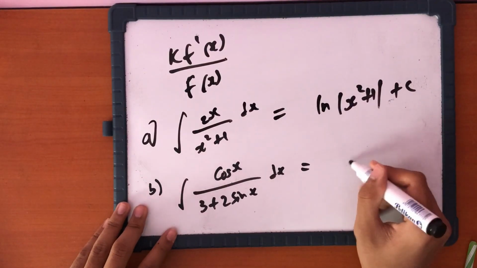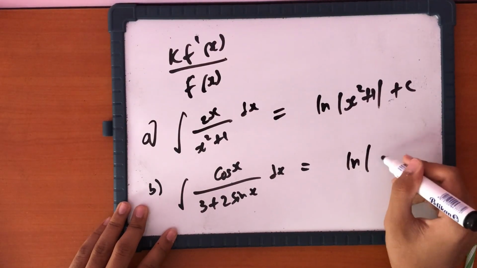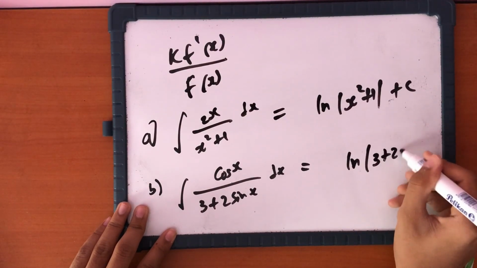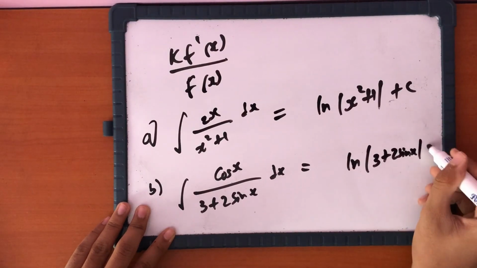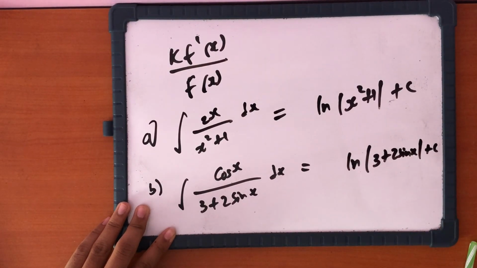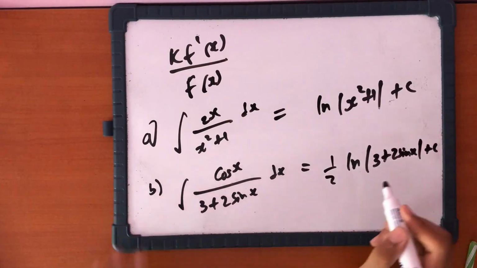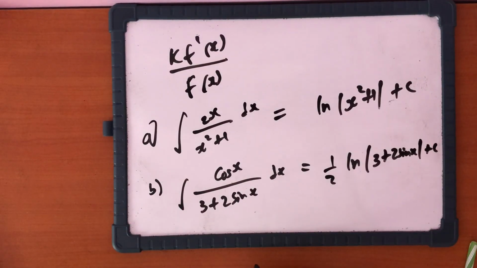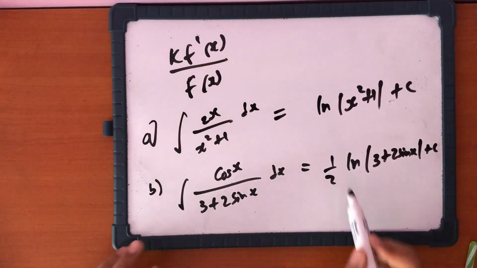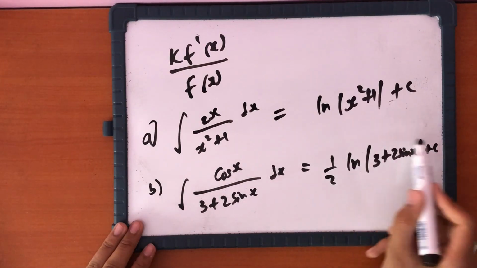So the integral of this would be ln of 3 plus 2 sine x plus c over 2, half of this. Now you might say, where did you just get this? Because I've done practice myself, but for you guys, it's easy to see that, because try differentiating this now.